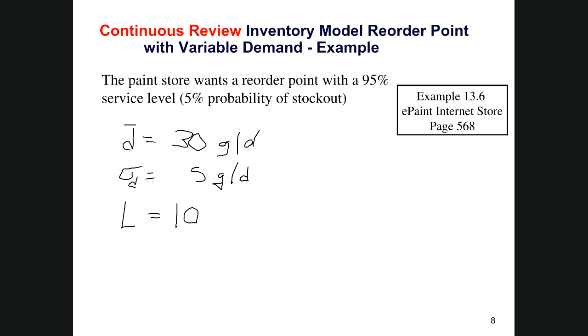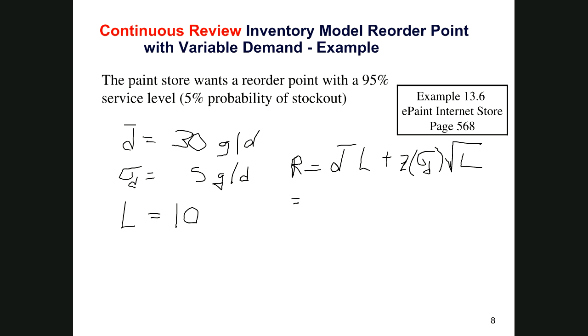So in order to calculate the reorder point, again, the reorder point is D bar times the lead time plus Z value, which we haven't determined yet, times 5 gallons, or times sigma sub D, times the square root of the lead time. And we can begin to substitute these in.